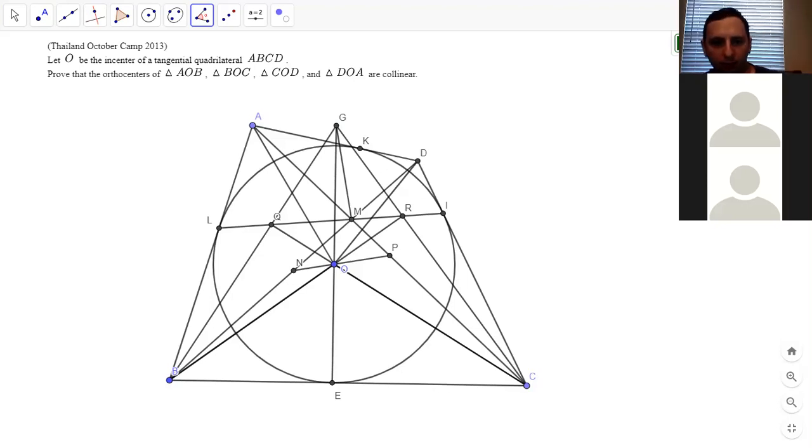See, I'd like to reflect M over O and G over O, and then show that that new segment is perpendicular. I'm not sure if that helps. Yeah, let me try that one more time.